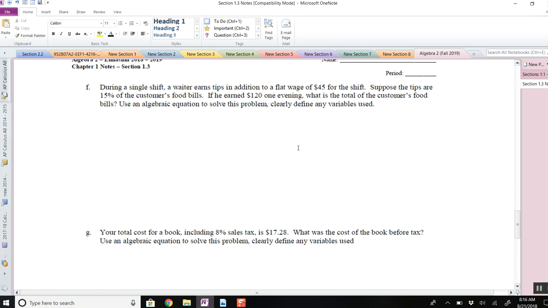So let's say you make $45 for a shift that you work, and then you get 15% in tips. You earn $120 one evening. So how much money did you sell in food? Well, if you think about it, you automatically get $45. You get 15% of the food bills, and we'll call x the food bills, and you make $120. So remember, that's your total.